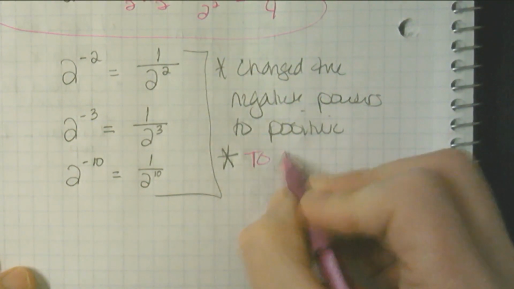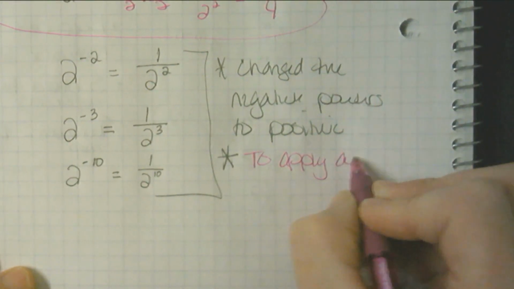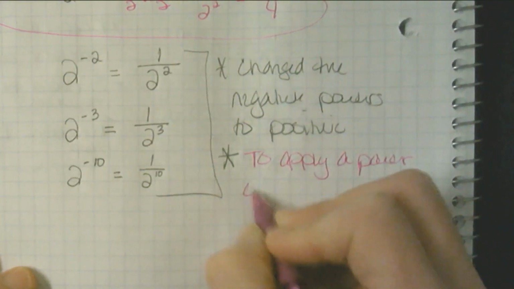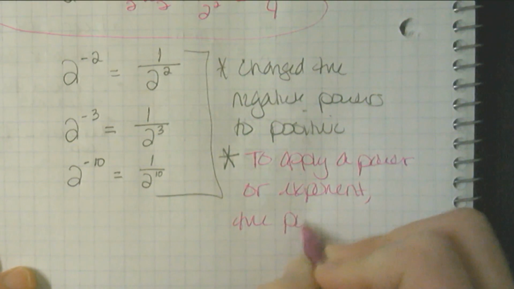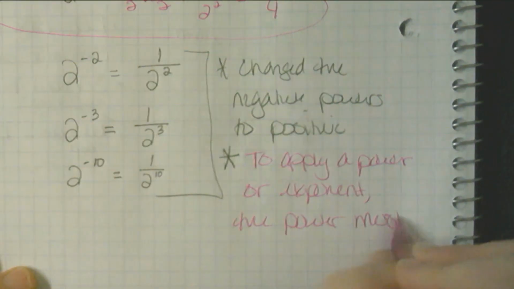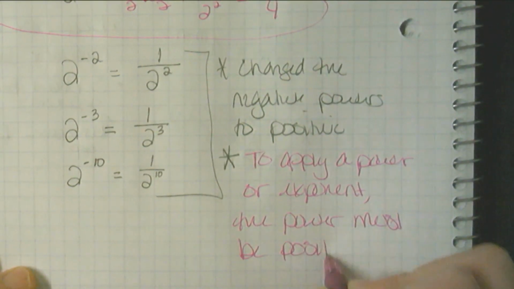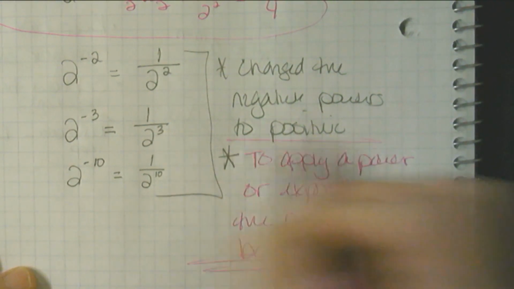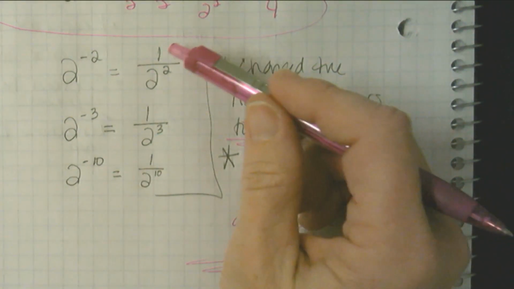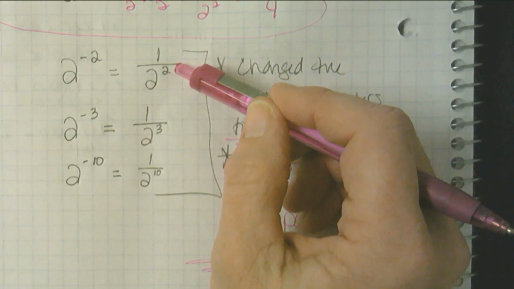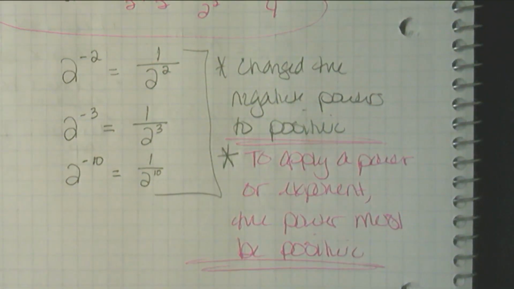So to apply a power or exponent, the power must be positive. You can't apply a negative power. You just can't. All right, so to simplify 2 to the -2nd power, I have to change it into 1 over 2 to the +2nd power, and then I know that's 1 over 4.